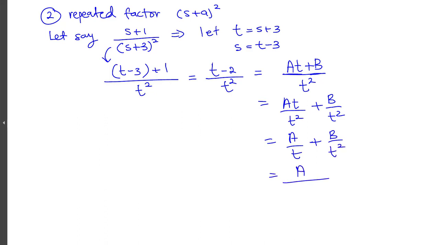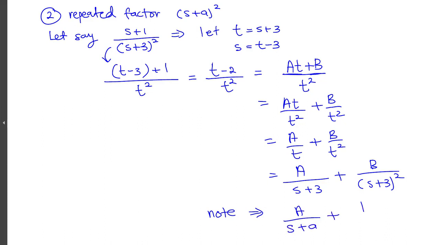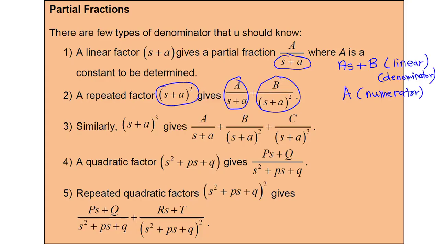So A over t is A over (s plus 3), plus B over (s plus 3) squared. So that's why we get in the note A over (s plus a) plus B over (s plus a) squared. That's why you get this.